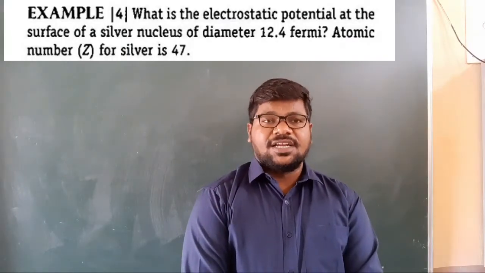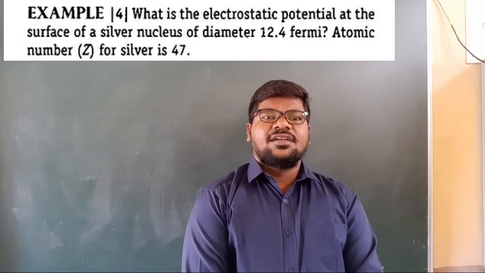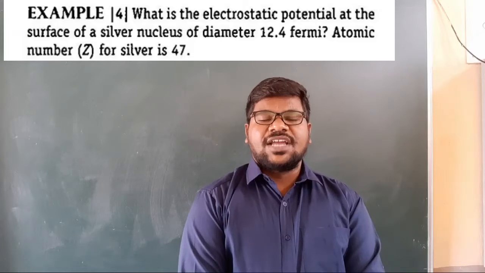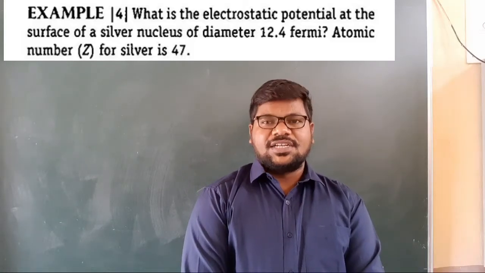Example 4, my children. What is the electrostatic potential at the surface of a silver nucleus of diameter 12.4 Fermi? Atomic number Z for silver is 47.